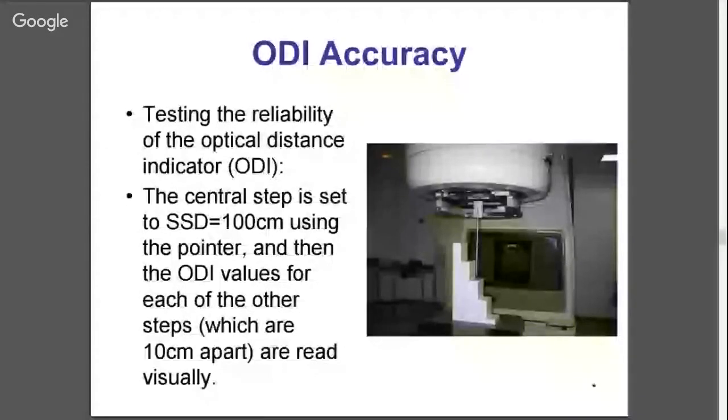Then we can just move the step over and check the optical distance indicator. The lower ones, I think, are 10 centimeter steps, so we can check at 90 and 80 centimeters and also 110 and 120, that the optical distance indicator is accurate over this range.